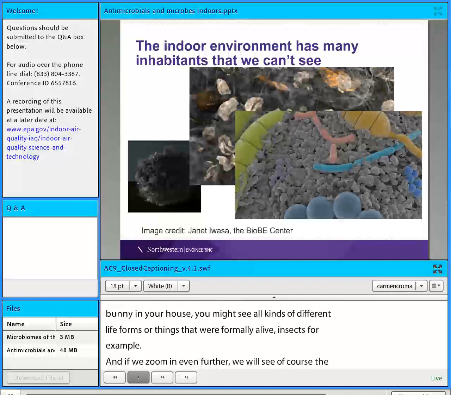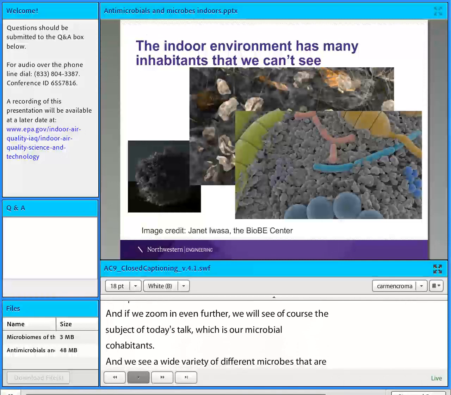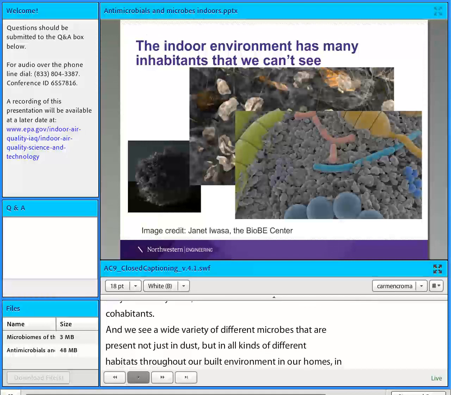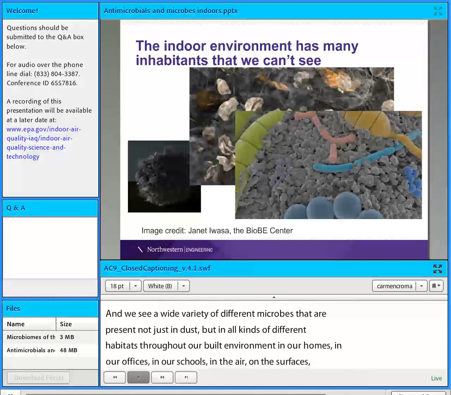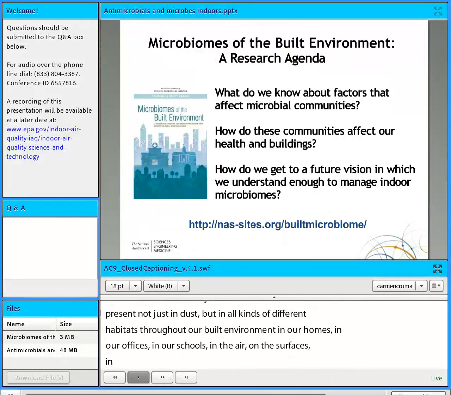And we see a wide variety of different microbes that are present, not just in dust, but in all kinds of different habitats throughout our built environments, in our homes, in our offices, in our schools, in the air, on surfaces, in water. And these really have a lot of very interesting features, we'll just say.